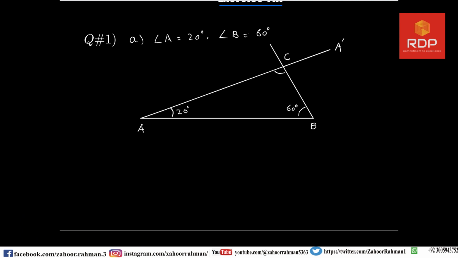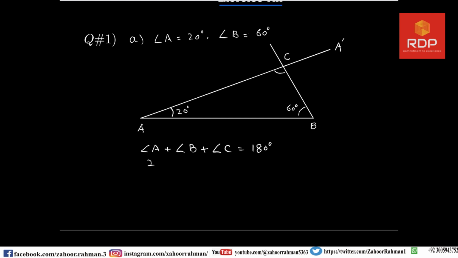You can measure it with the protractor, as well as use mathematical calculations to find the value. Yesterday we discussed that the sum of all the interior angles of a triangle is always equal to 180 degrees.